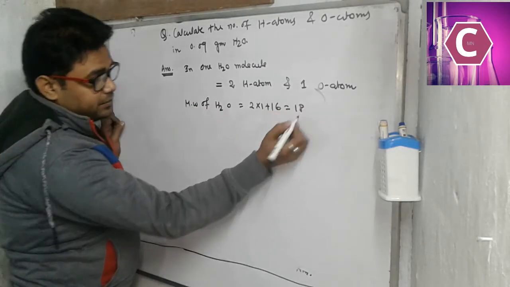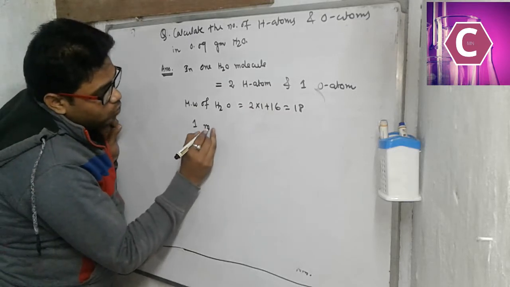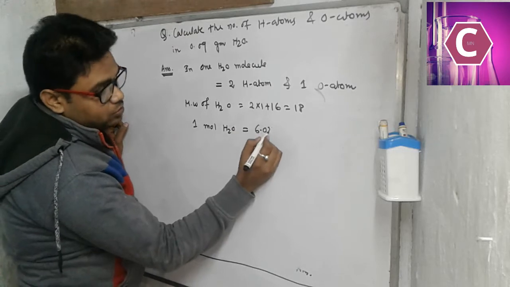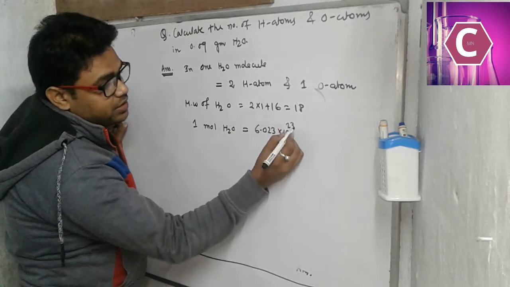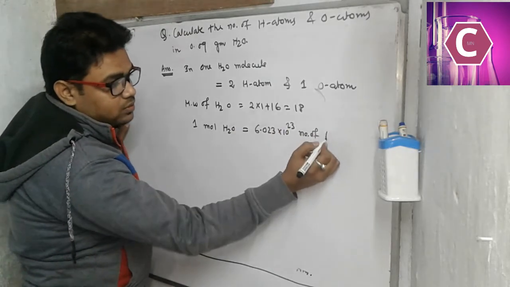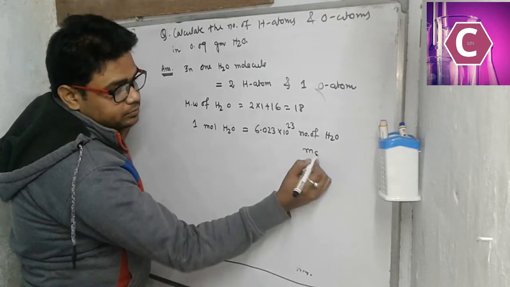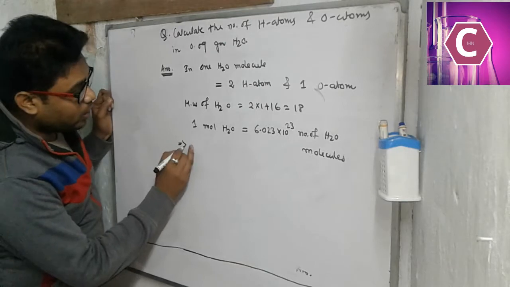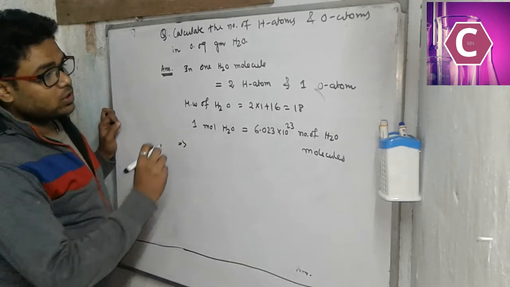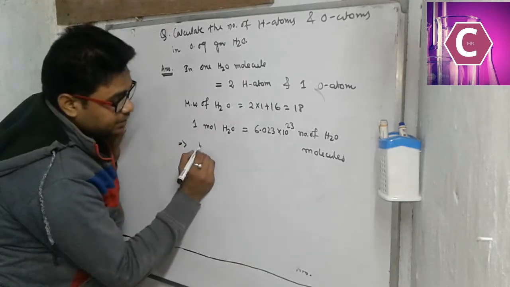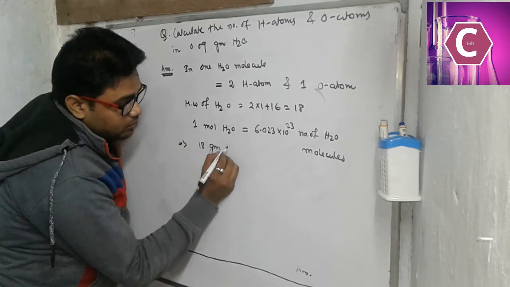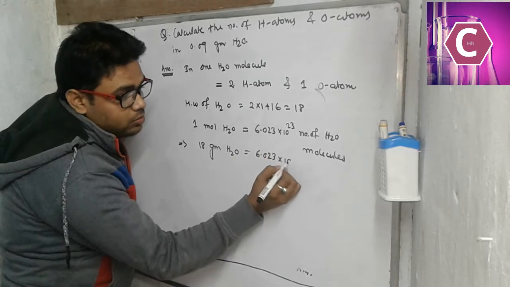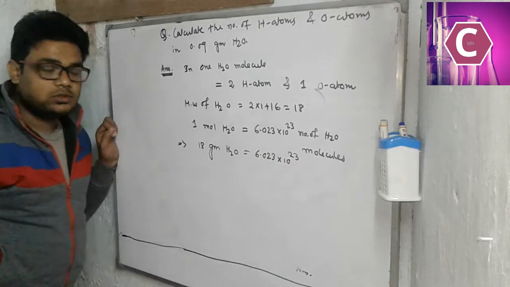We know 1 mole H2O has 6.023 into 10 to the power 23 numbers of H2O molecules. Again, we know 1 mole water is equal to its gram molecular weight, that is 18 gram. So we can write 18 gram water has 6.023 into 10 to the power 23 numbers of water molecules.